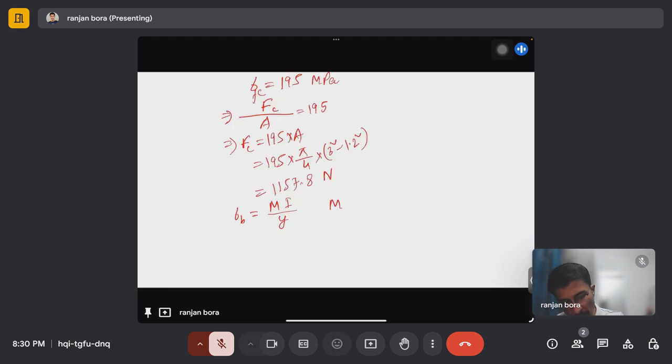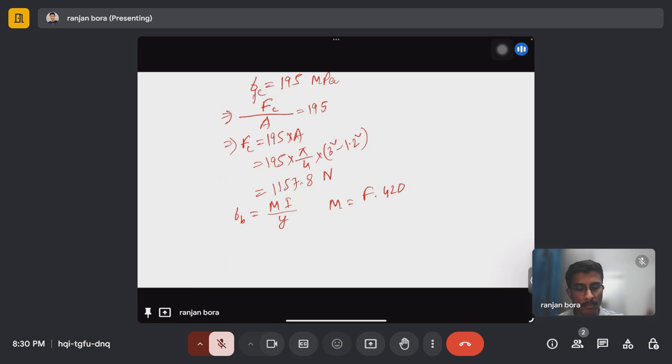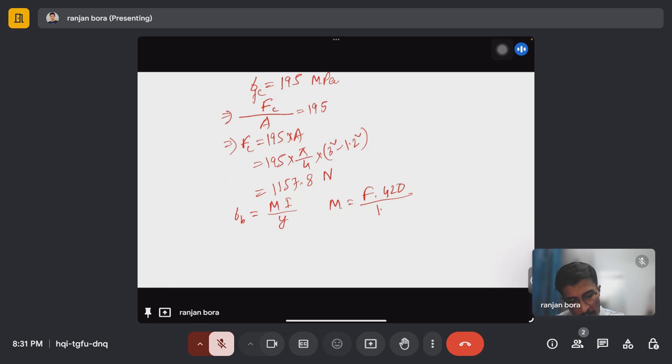M is F, length is given, femoral length 42 centimeter. We'll convert it into mm, 420 mm, by y. Y is the radius of the periosteal diameter, 1.5, again in centimeter, we will take 150 mm. So this is M.